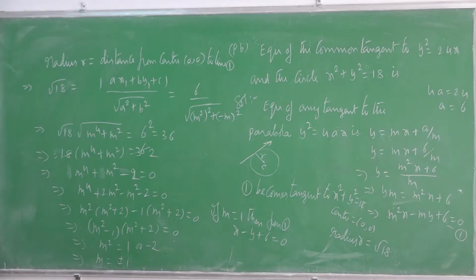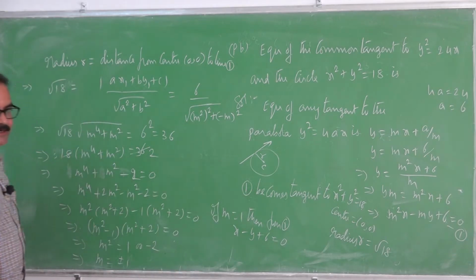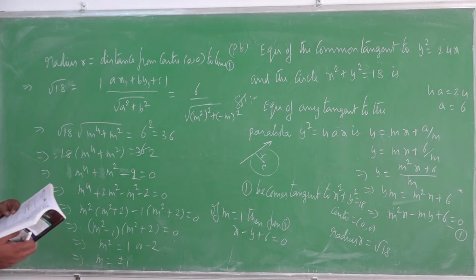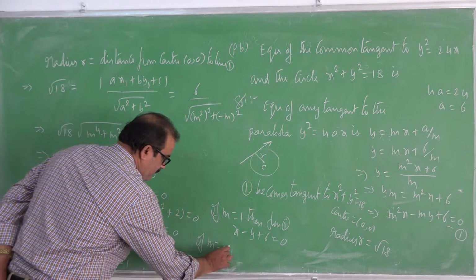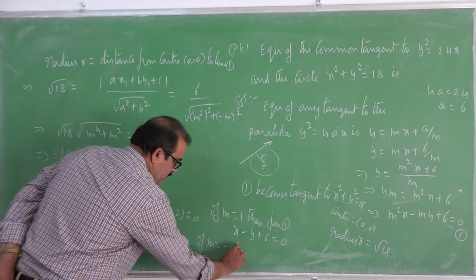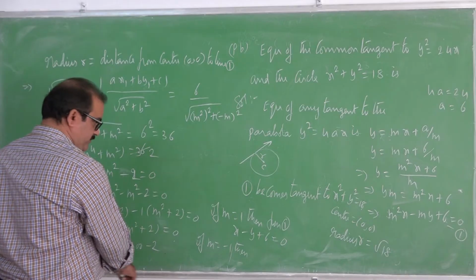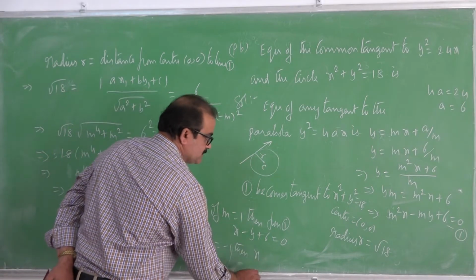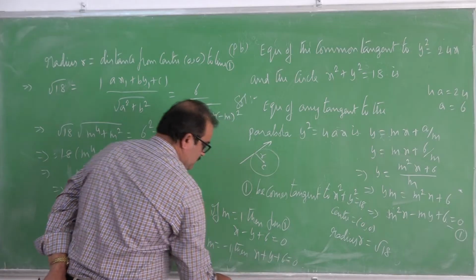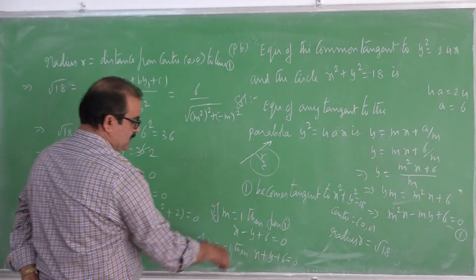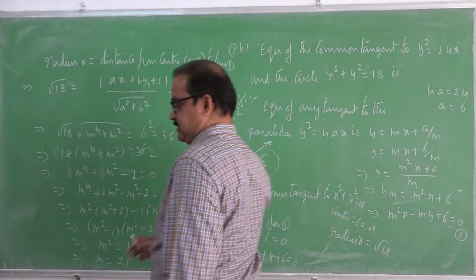That is one common tangent. If you put m is equal to minus 1, you get another common tangent. Substitute in equation 1, what we get? X plus y plus 6 is equal to 0. These two lines are common tangents to the parabola and the circle.